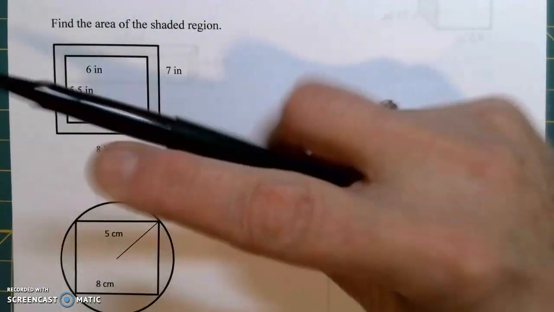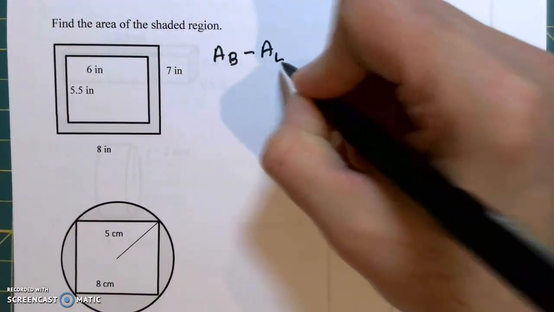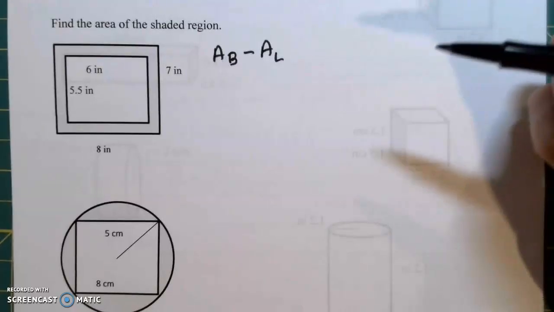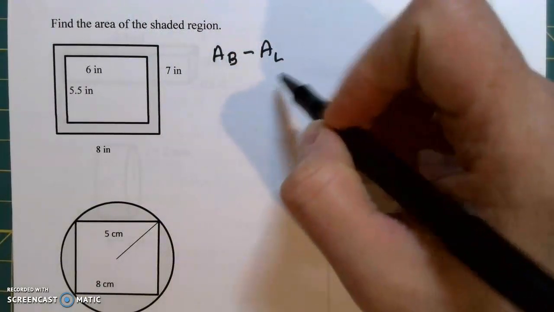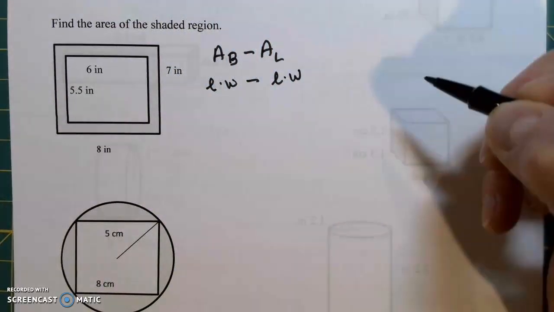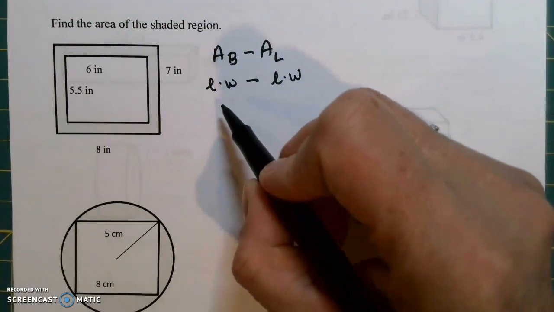So for this one, if I do the area of the big rectangle and I subtract the area of the little rectangle, that's going to give me that frame in between. Knowing that those are both rectangles, I'm going to have a length times a width minus a length times a width, and then just making sure you're using the correct ones in the right place.